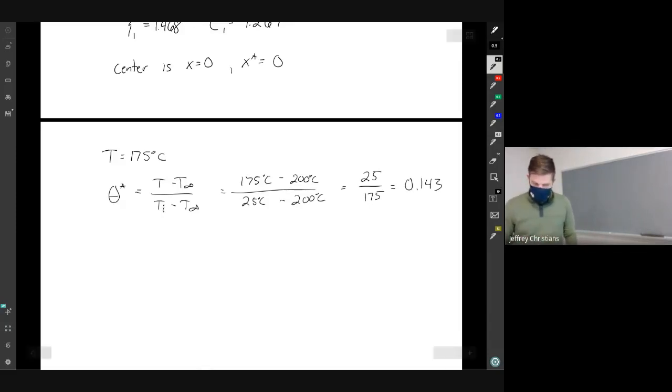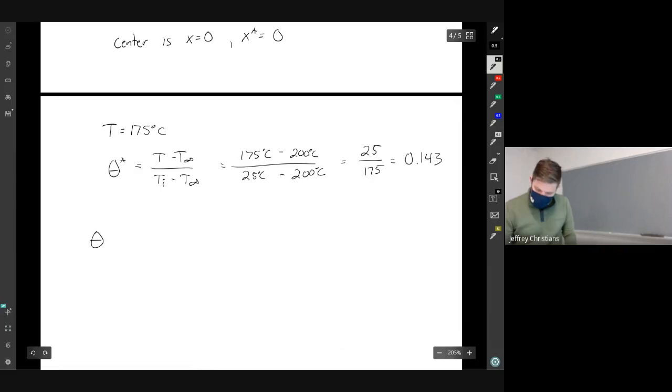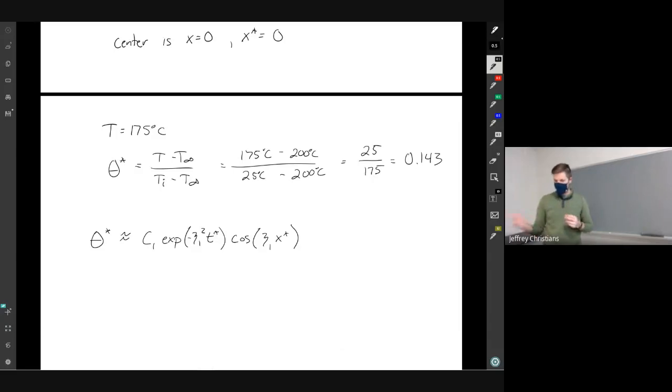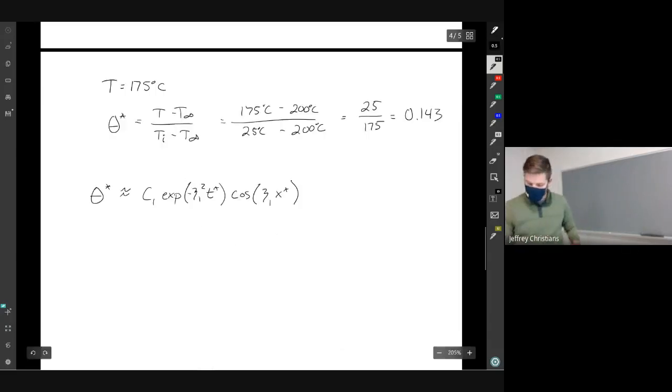We could answer a question about this because we know theta star is about equal to C1 exponential of minus C1 squared T star cosine C1 X star. It's about equal to the first term, so we don't have to calculate all of them.